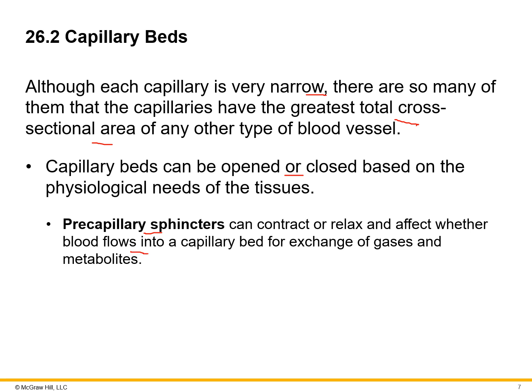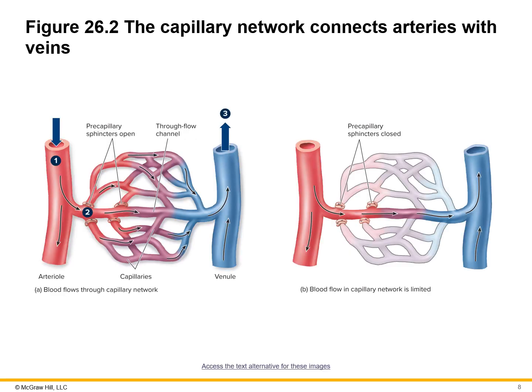At the capillaries is where the gas exchange and exchange of metabolites mainly happens, because the walls of the arteries or even the arterioles are so thick it's hard for anything to move out. So the capillaries are where we get the exchange.